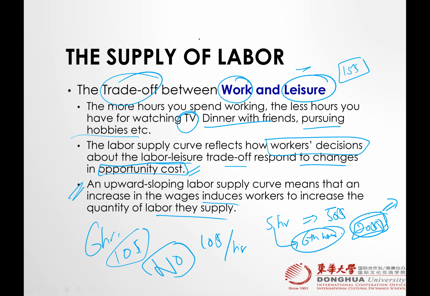So labor supply depends, first of all, on the trade-off between work and leisure, right? If you are given the opportunity for a job at the same time as this 2.5-hour class, you need to find out whether the job is lucrative or this lecture is lucrative.